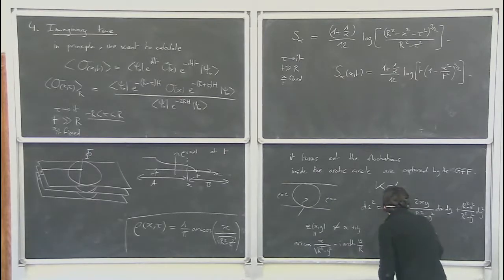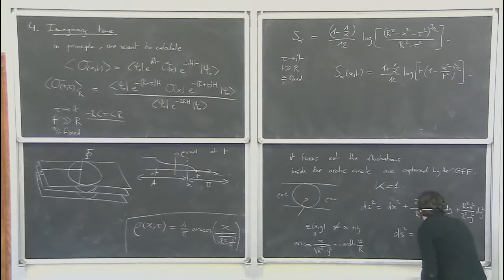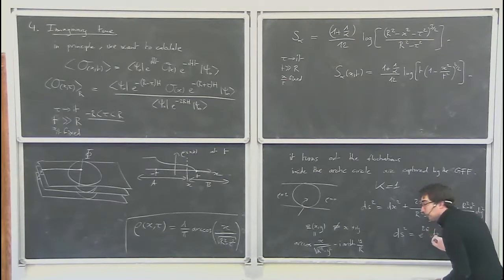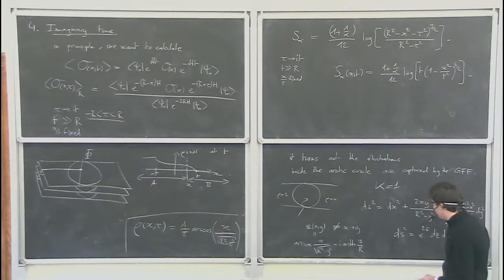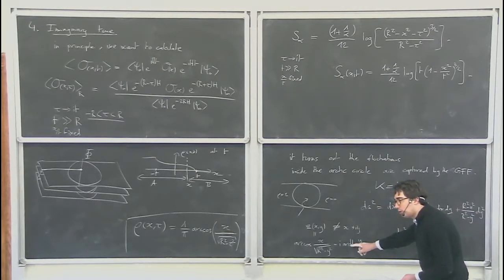And then in those coordinates, the metric becomes just dz dz bar, the Euclidean metric, times some conformal factor. Sorry, arctangent hyperbolic, yes.